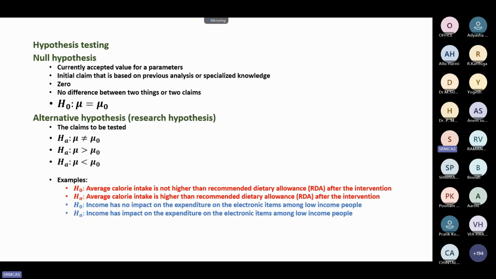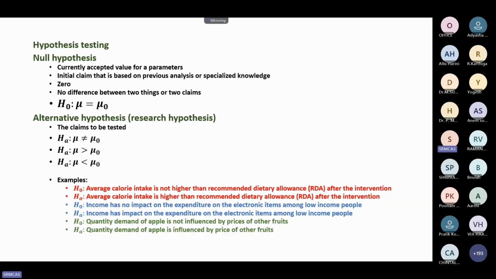Whenever income increases, people usually spend more on luxurious commodities like electronic items, maybe mobile, laptop, TV, washing machine, fridge. As income increases, usually the tendency of people is to spend more on luxurious commodities. But here the null hypothesis says that there is no such thing. So the alternative hypothesis is that it is not like that: whenever income increases, there will be more expenditure on electronic items.